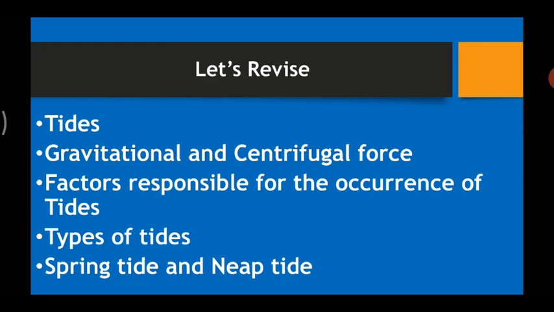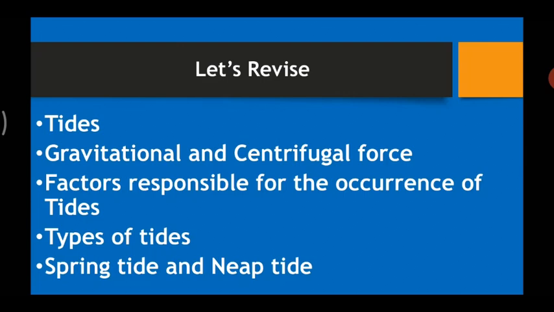Then we learned two main forces, the gravitational and the centrifugal force. After that, we learned the factors responsible for the occurrence of tides: the gravitational pull of the moon and the sun, as well as that of the earth; the revolution of the earth around the sun and the indirect revolution of the moon around the sun; and the centrifugal force generated due to the rotation of the earth.